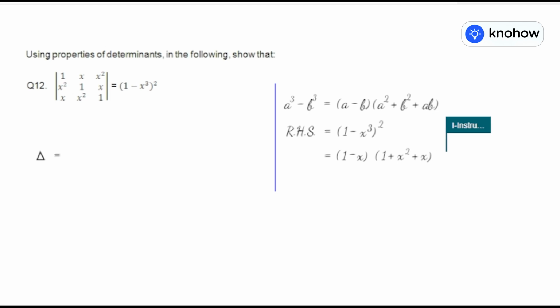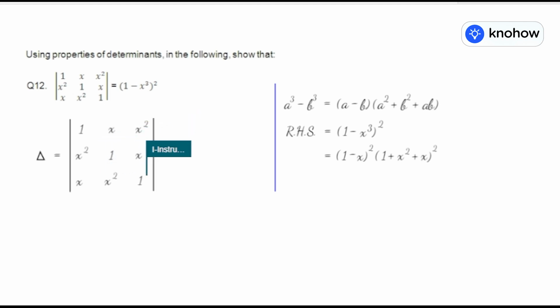So our aim, if we take the square, is to somehow get 1 minus x as a factor twice, so (1 minus x) whole squared, and of course the other factor, 1 plus x plus x squared. So just see the determinant: 1, x, x squared; x squared, 1, x; x, x squared, 1.